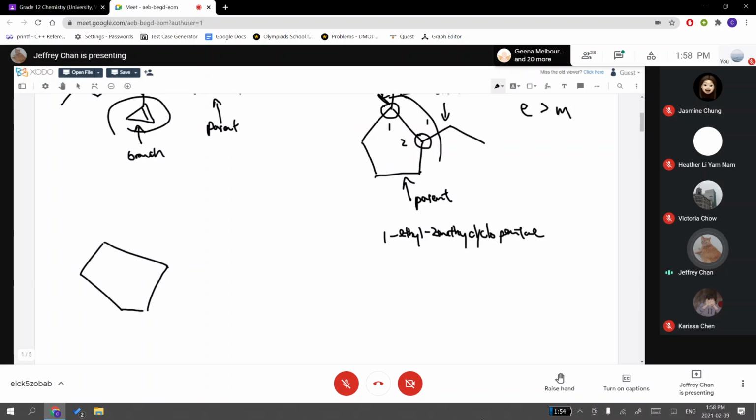So let's make a cyclopentene, and then let's add something like this. So for this one, how would you name this? Well, the double bond takes priority, so you want the double bond to have the lowest number.